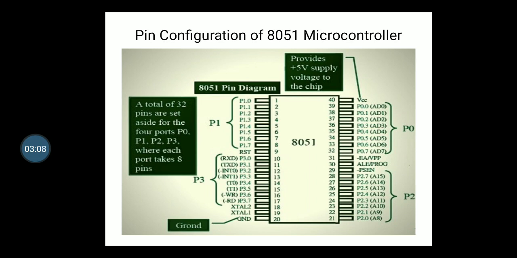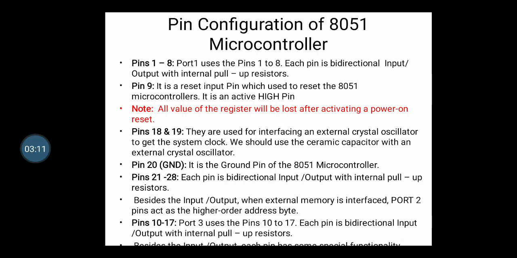Now let us see what the different functions are. See here, pin 1 to pin 8. Port 1 uses pin 1 to 8. Each pin is bidirectional, right? Because for the port we need to give input and we also need to take output. So it is bidirectional input output with internal pull-up resistor. Then pin number 9 is reset, right?